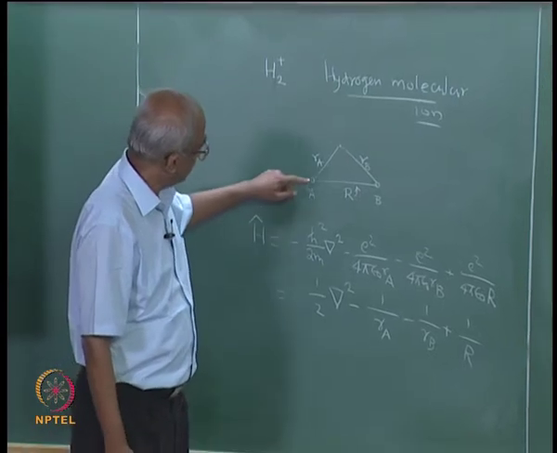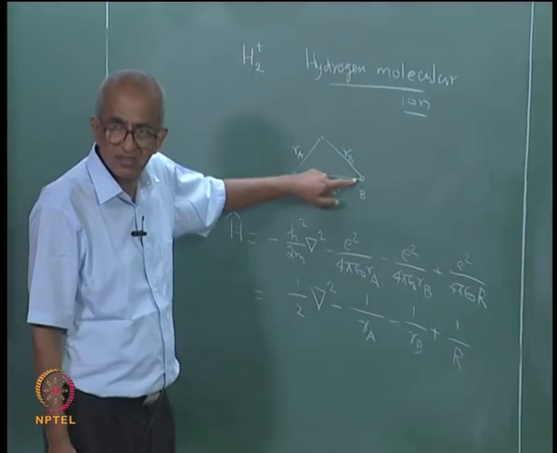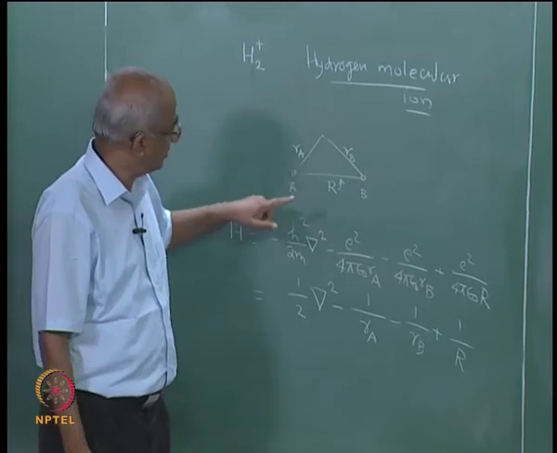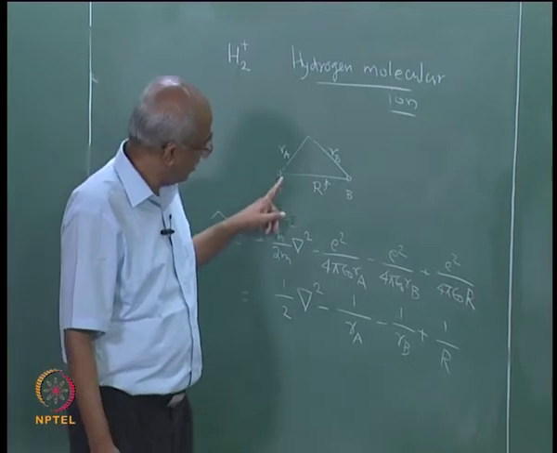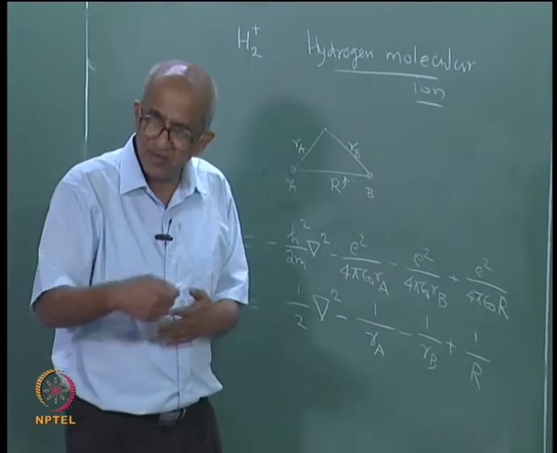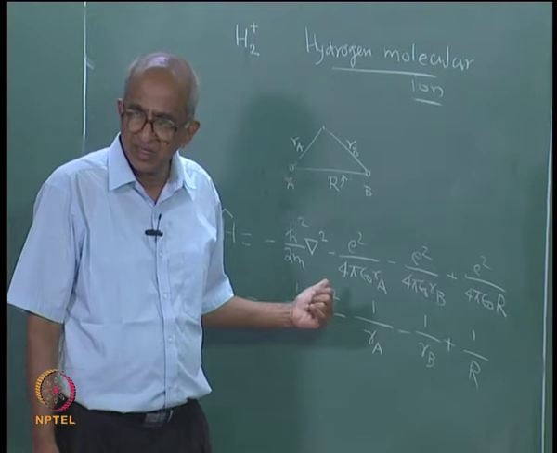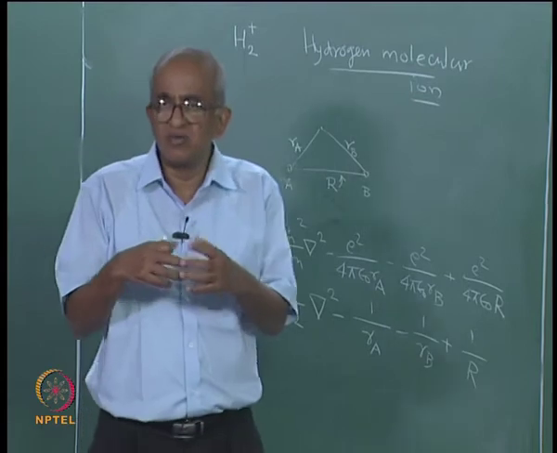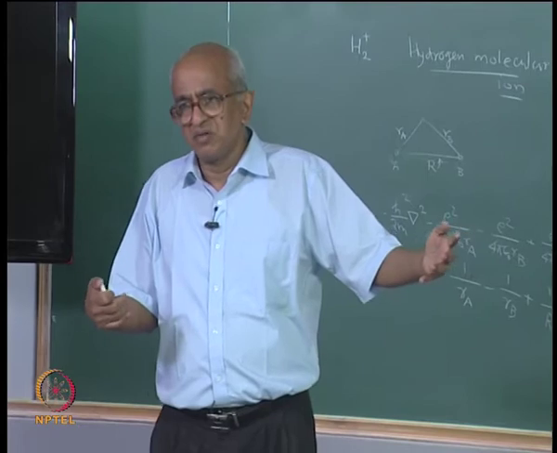Then what will happen is that the distance of the electron from this nucleus is much smaller than the distance of the electron from the other nucleus, and therefore what will happen is that at least close to this nucleus only the term Ra is important, this other term, Rb, is of less importance, because Rb is much larger than Ra, right. The influence in the vicinity of the nucleus, influence of A is the largest, and the influence of B I do not expect it to be much.